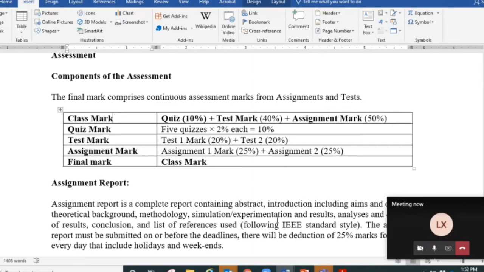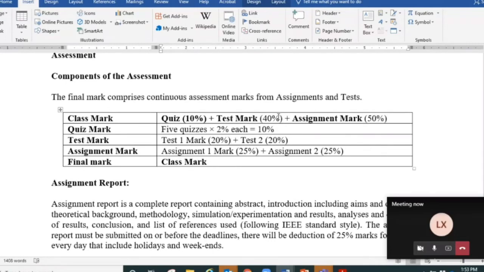Now, I'm not happy with this though, they made it mandatory to have 5 quizzes for this module, so that will have 10% marks, and then there are 2 tests, test 1 and test 2, 20% from each of them.